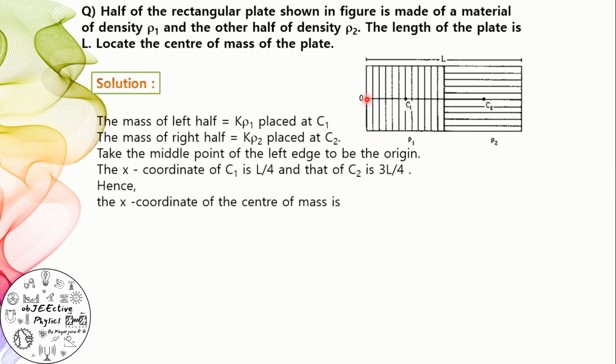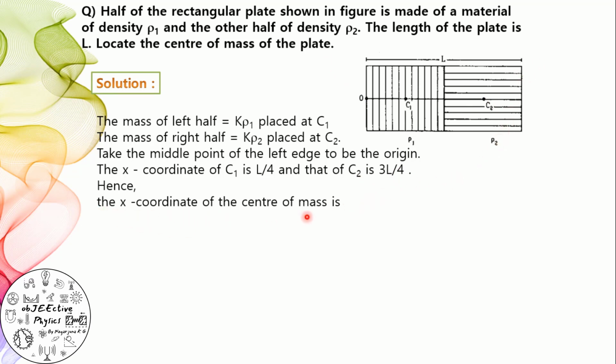In the diagram, this point at left extreme, a point O, is imagined as the origin. Then from the origin, C1 is located at L by 4. This we assumed as x1, and C2 is located at 3L by 4 because the total length is capital L.